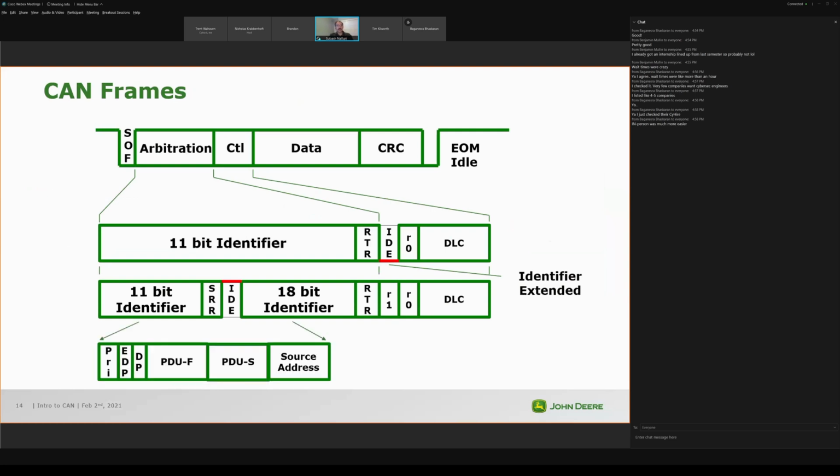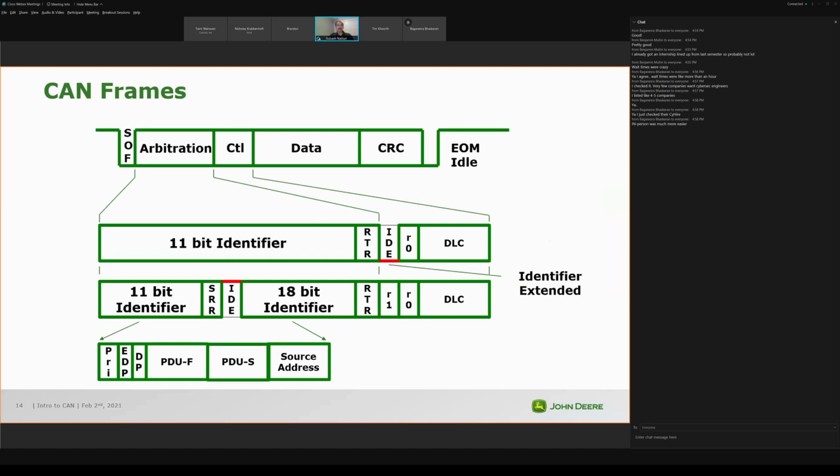And here, this shows you further how the 29-bit is divided: you have a priority, data page, and then you have a PDUF and PDUS. PDU means protocol data unit. I'll talk about those a little bit later. But then you have a source address.